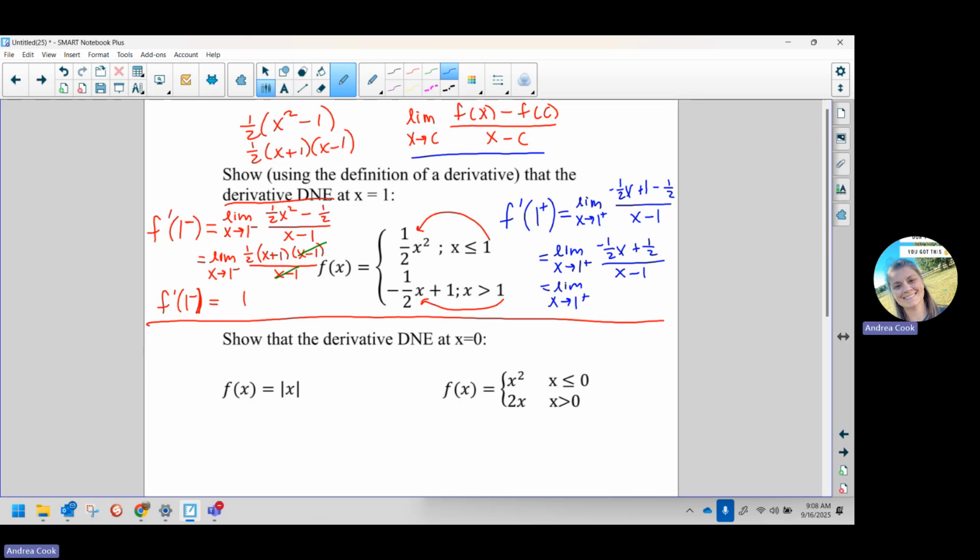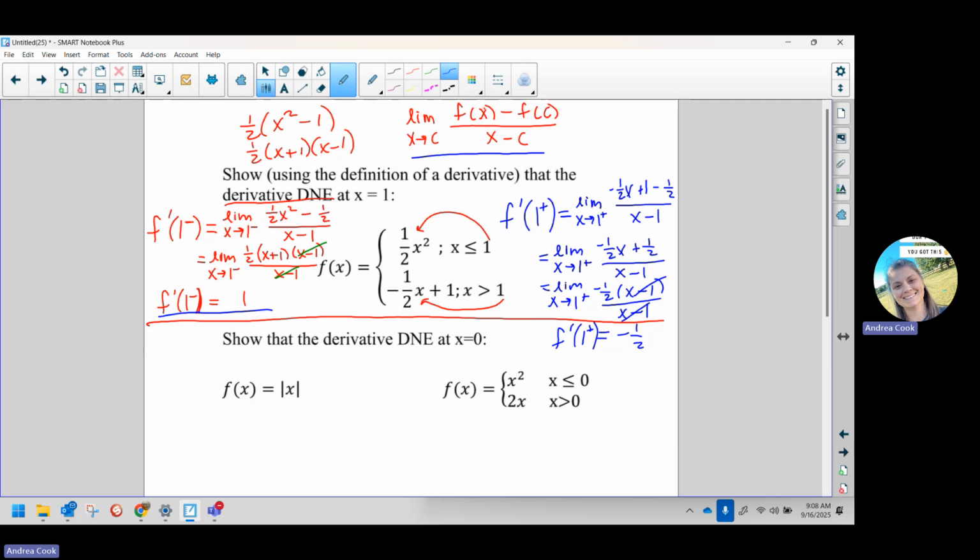When you do that, the x minus ones cancel, and my answer is just negative 1/2. So the derivative as I approach one from the right is negative 1/2, and the derivative as I approach one from the left is 1. That shows that the derivative at 1 does not exist.